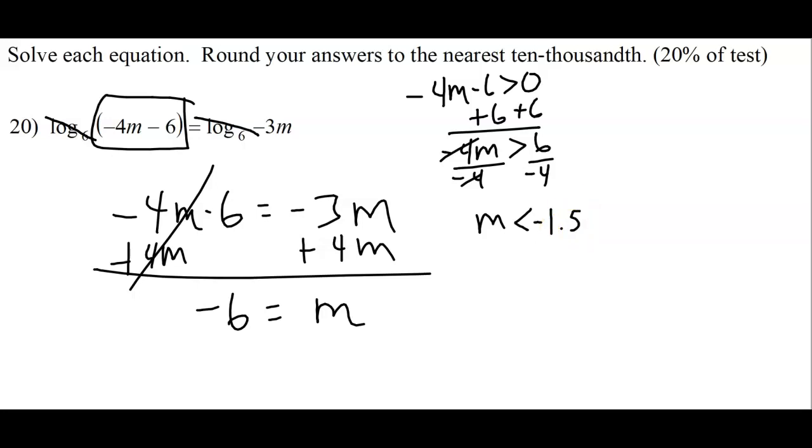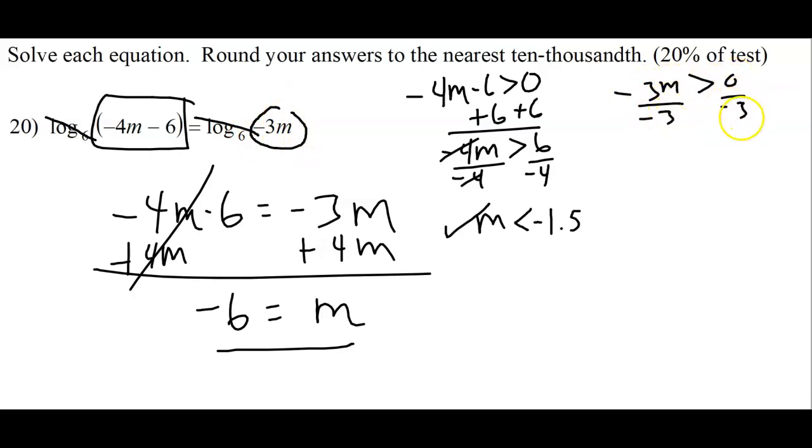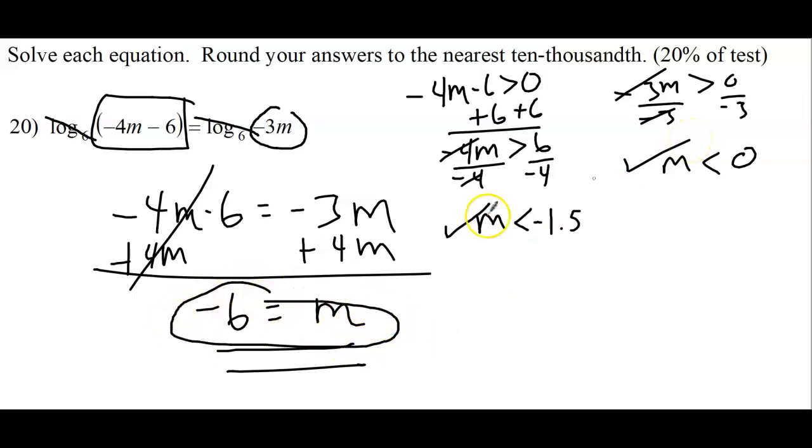Okay. So is this number less than 1.5? Yes, it is. So far my answer looks good. But we have to check this one also. -3m also needs to be greater than 0. And once again, we're dividing by a negative. So that means that m needs to be less than 0. And once again, that still works for that one too. So since my answer works for both domain restrictions, then we're in good shape. And this is my answer.